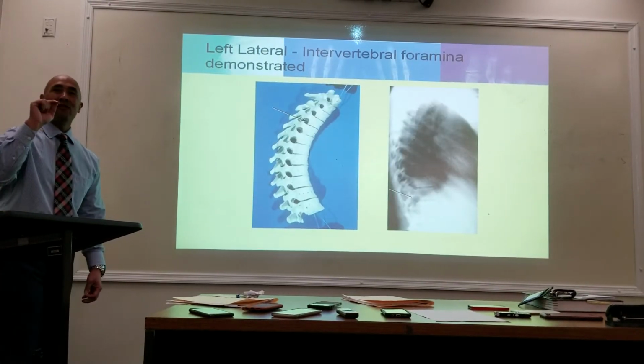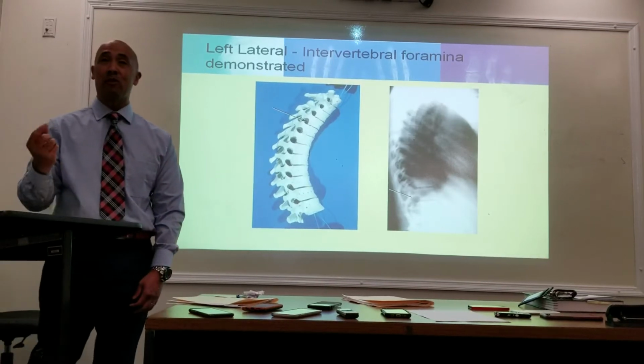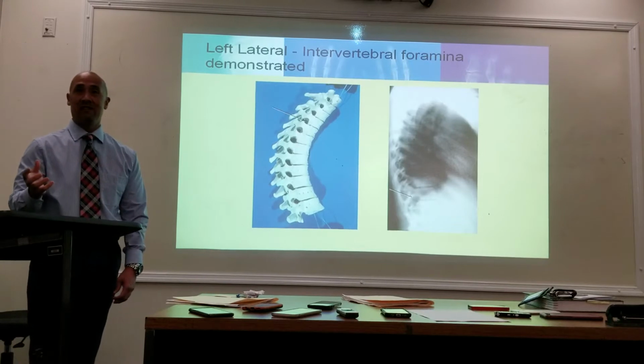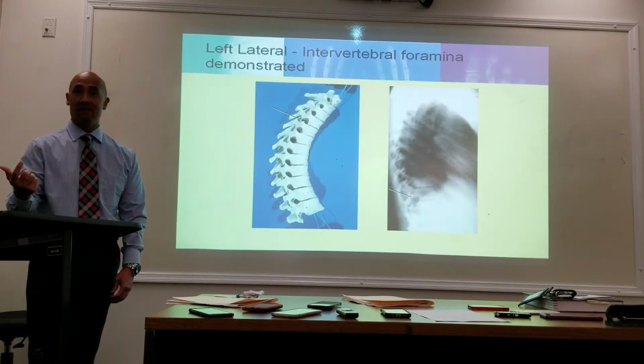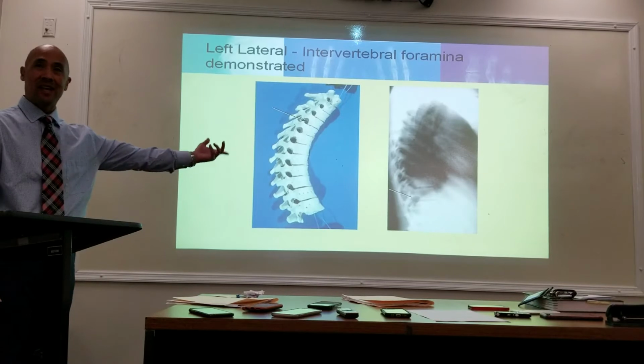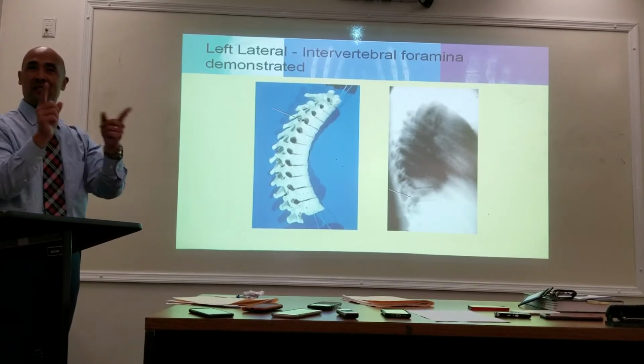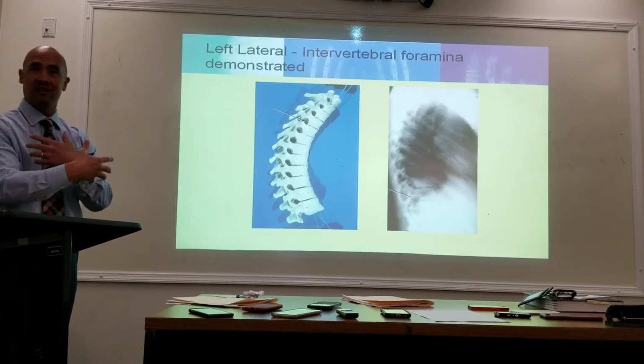Now, for the cervical spine, when we're evaluating the intervertebral foramina, which position is it? It's the oblique. So for the T-spine, it's lateral. You see what we just did here? It's reversed. So C-spine and T-spine just swap places.